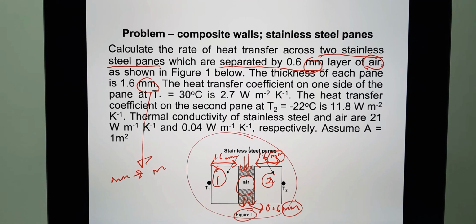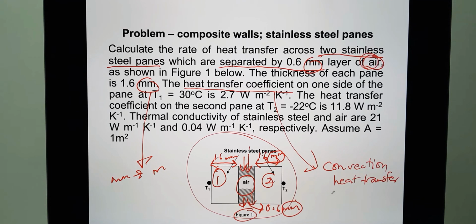Remember, air is a fluid. When we have air, this particular problem statement goes for convection heat transfer. Okay, so this one is 2.7 when we have air, and then you have the heat transfer coefficient. So you need to make sure that you know this particular problem is related to convection heat transfer.